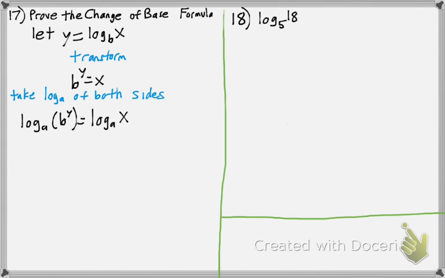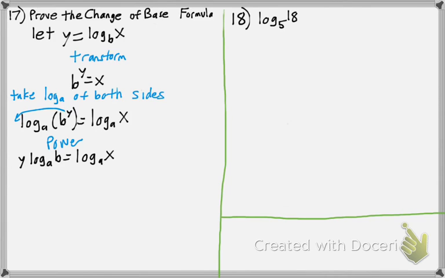So then I actually want to use the power rule, and with that I can bring down that y. So this is going to be y times log base a of b is equal to log base a of x.